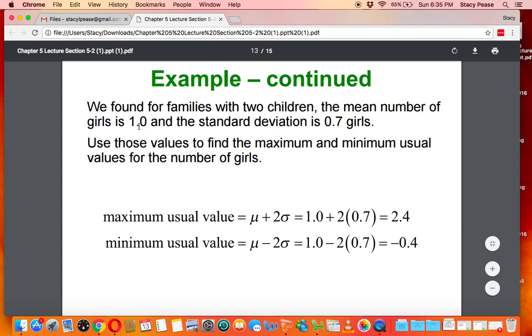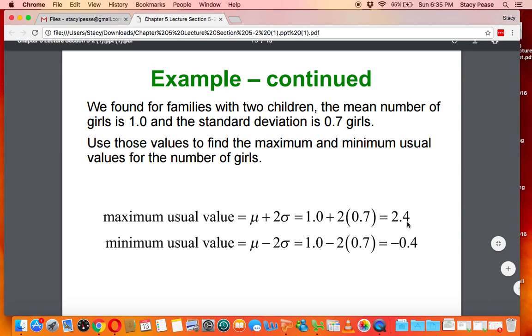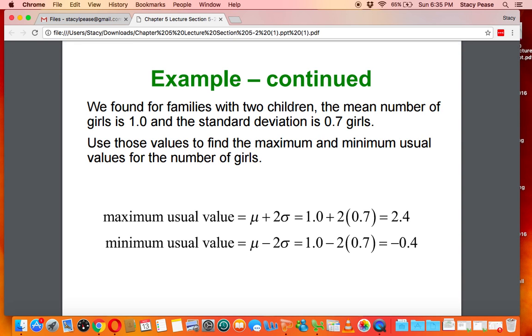So our mean is 1 plus 2 times our standard deviation, which is 0.7. So we get a maximum usual value of 2.4 girls for a family with 2 children. And the minimum value is our mean minus 2 standard deviations, which is negative 0.4. So that is the maximum usual value and the minimum usual value of girls in a family with 2 children.